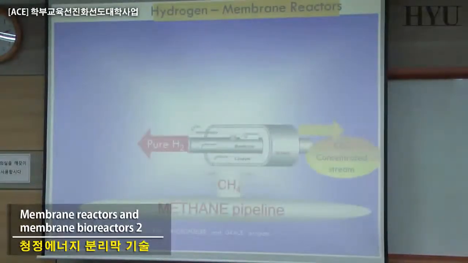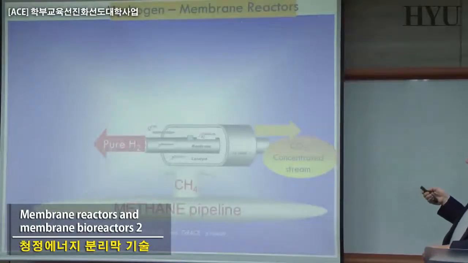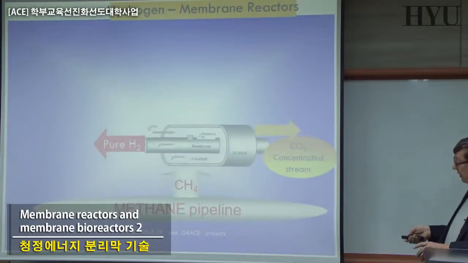One of the most interesting cases, we will see some situations related to the bioreactors. When we discuss the membrane bioreactors, the equations we have to use are the same that we have been discussing now. But the case that we are discussing first is the case of hydrogen that we have already shown before.